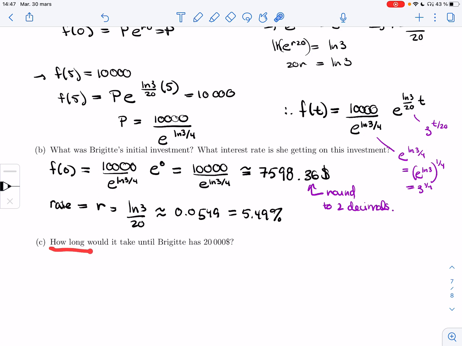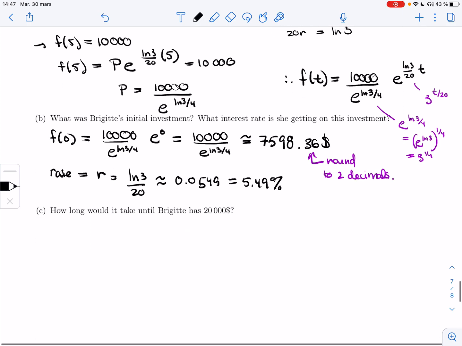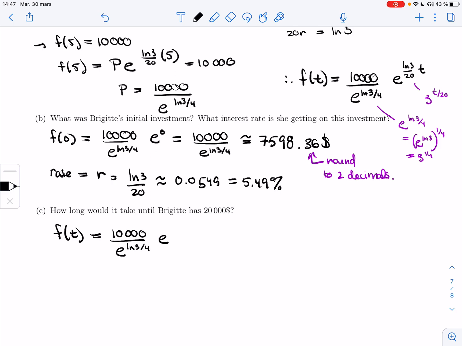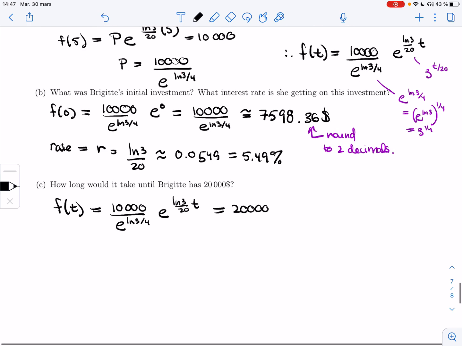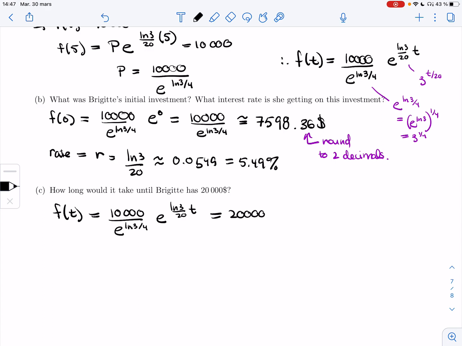All right, so how long would it take until Brigitte has $20,000? So we're really asking when f of t, which is this mess, is 20,000. All right, so I'm going to send everything that doesn't depend on t on the other side.